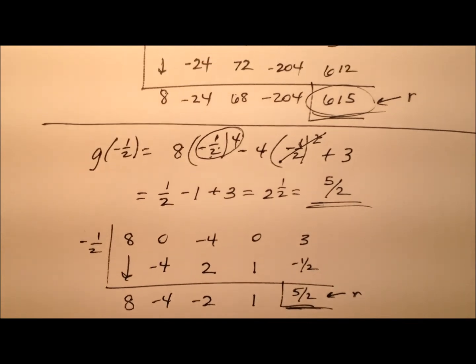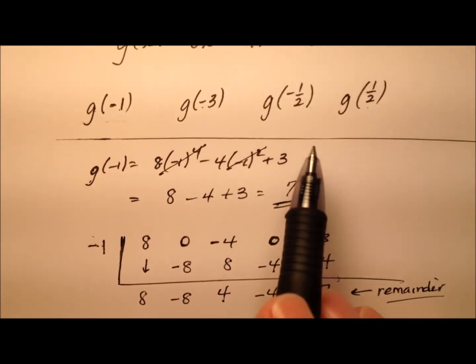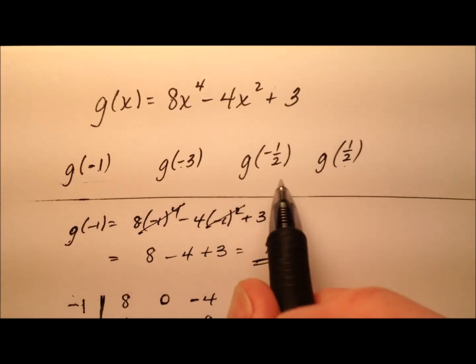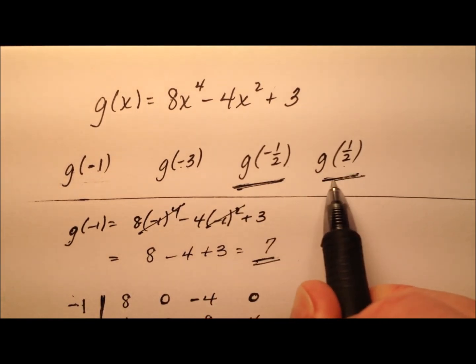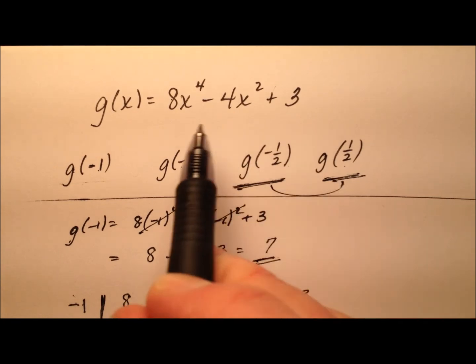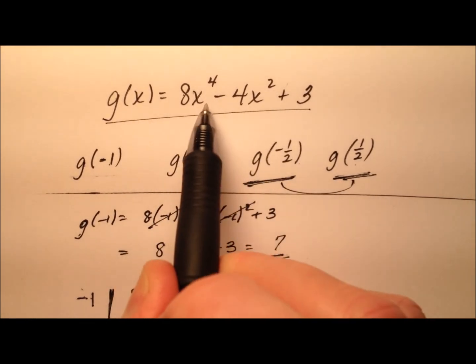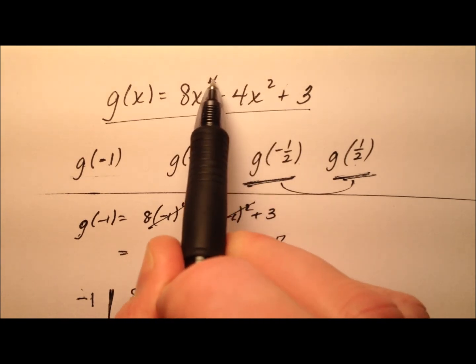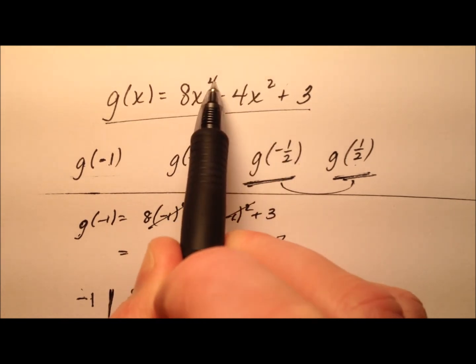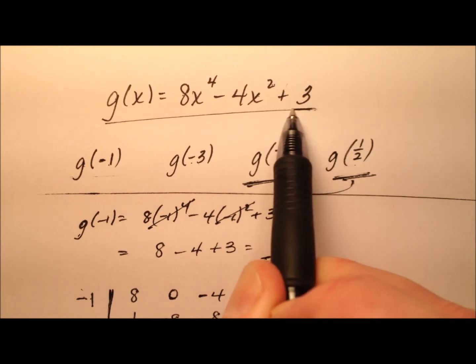And so there's one thing I want to say real quick about this function and these values particularly that we're looking for. So we just did -1/2, and then we have +1/2. I wonder what this relationship is given this function. Notice this function is actually an even function. All the powers of x are even exponents, so x to the 4th, x squared, and then my constant.